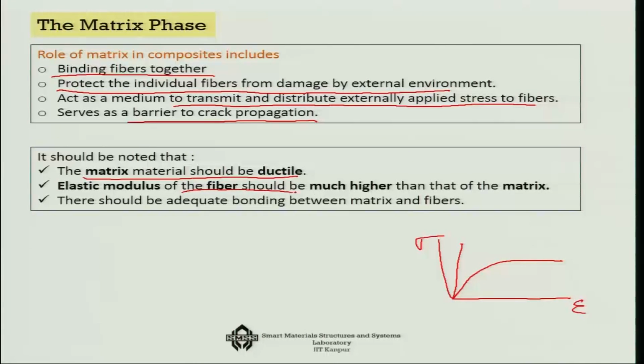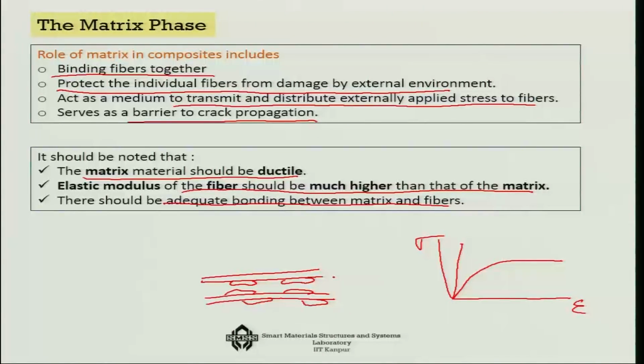Elastic modulus of the fiber is generally much higher than that of the matrix, and there should be adequate bonding between matrix and fibers, okay? Because sometimes what happens is, suppose you have two fibers, and if you look at it very closely you may see some pockets of areas where the matrix has not reached.